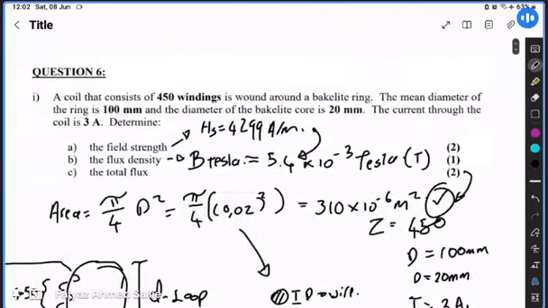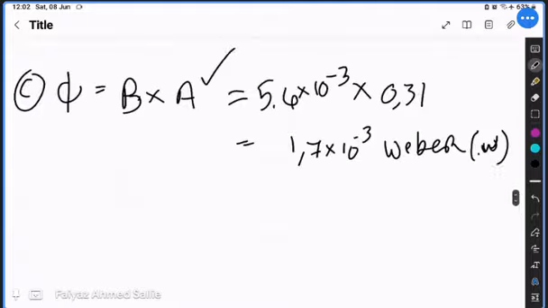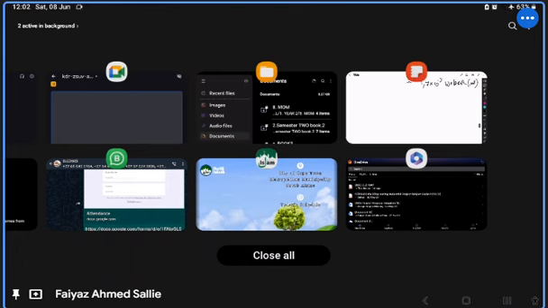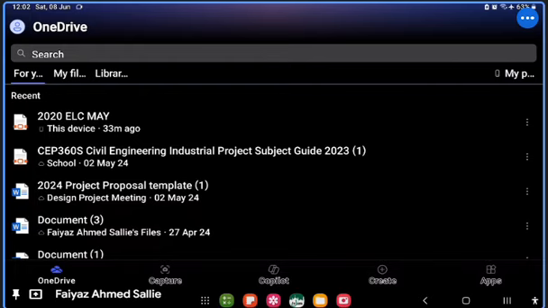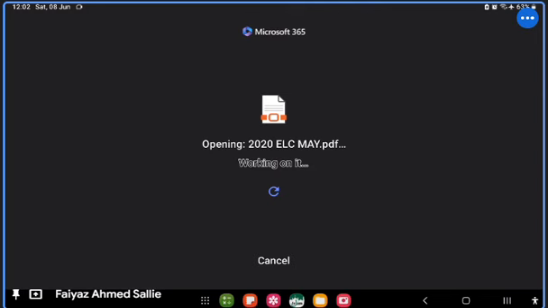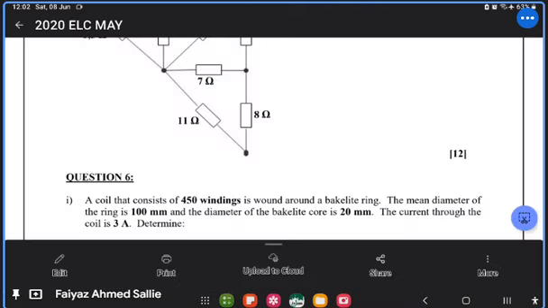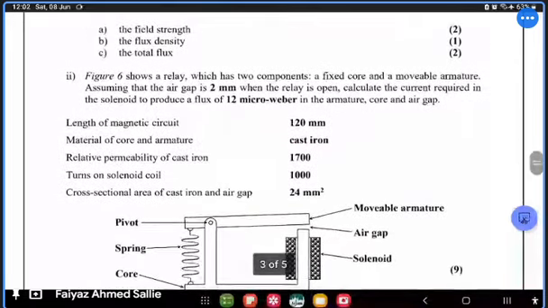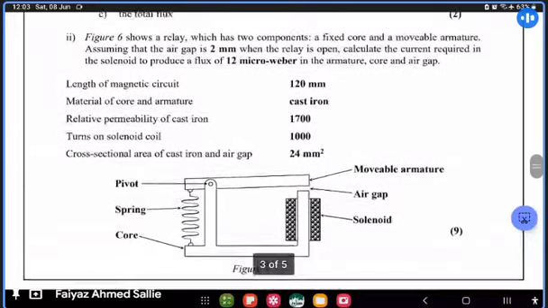Question 6.1. So this is the next question.